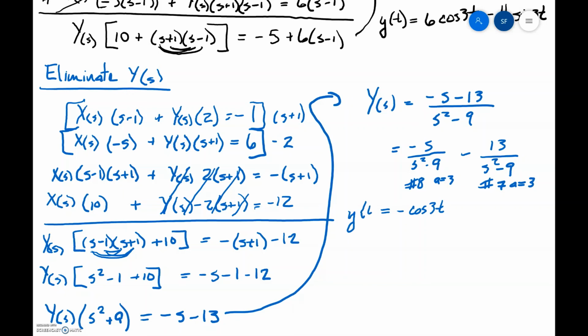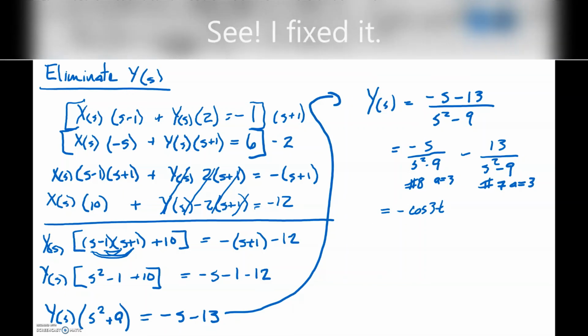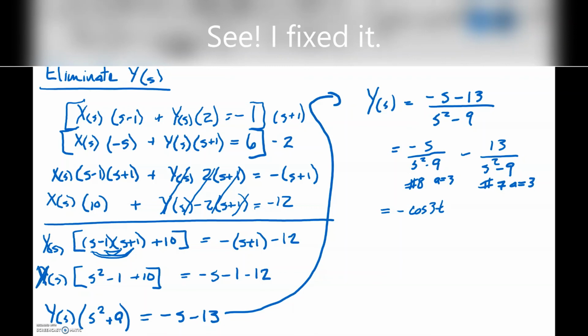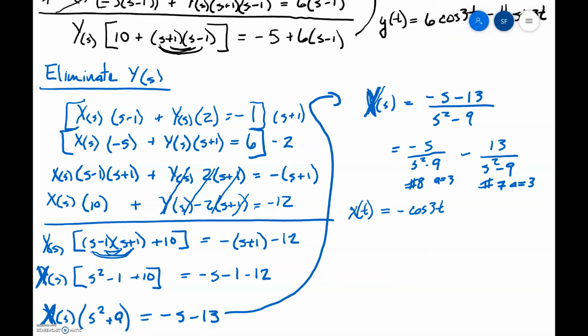Nope, we're not in y's, we're in x's. All of these should be x's, because we eliminated y. So this is x of t. But here, again, I need a 3 on top, which means I need to put a 1/3 in front.